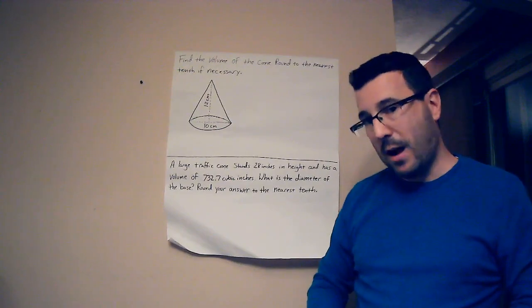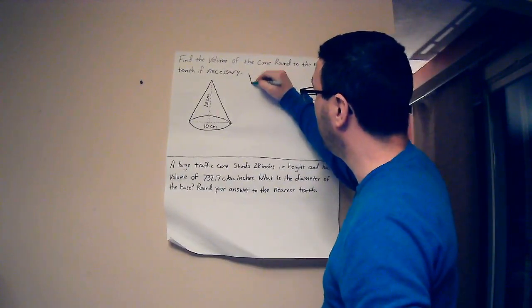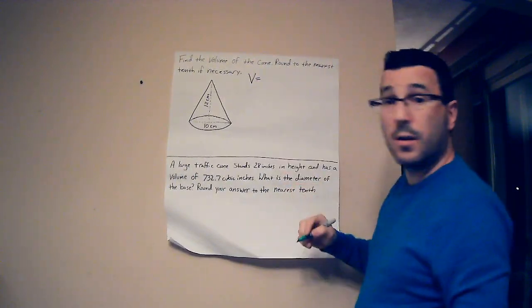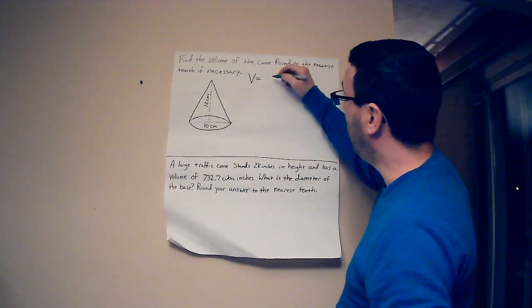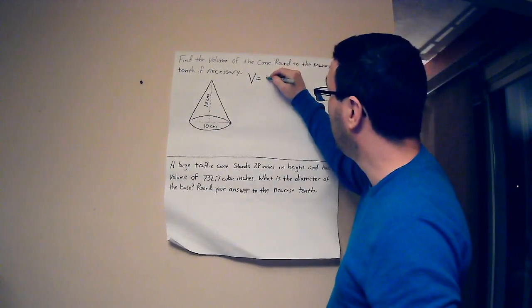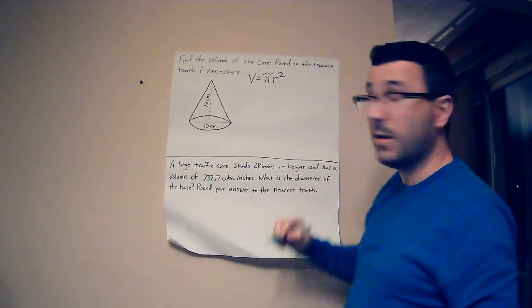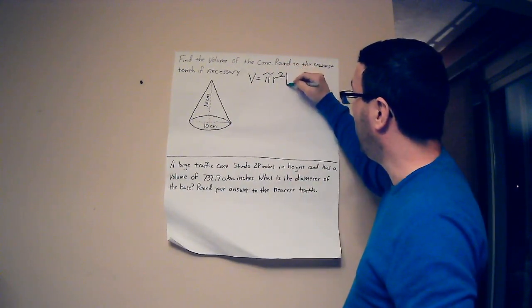And now I have a round base. So now, when I write my volume formula, I have a circle. What's the area of a circle? Pi r squared. And I'm going to be multiplying by the height.